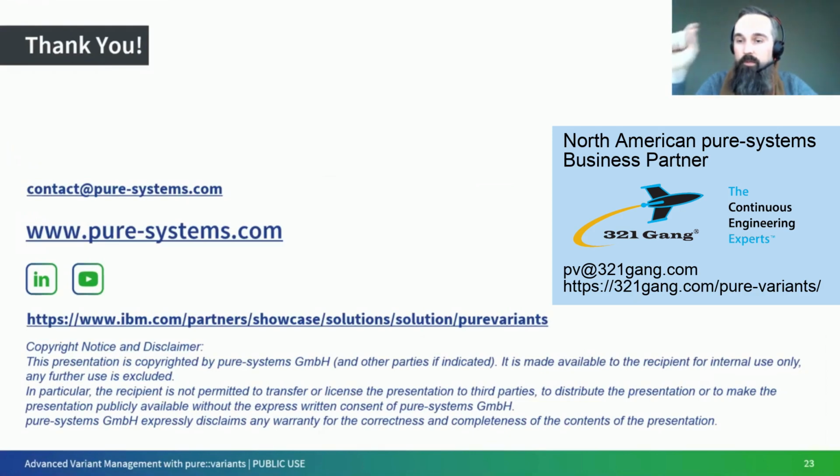But if you know that certain requirements have certain relations to each other, we are also allowed to add that information directly to the requirement side in a way that pure variants can interpret it. And then we do that and let you know if there are issues, and you try to combine things that cannot be combined.